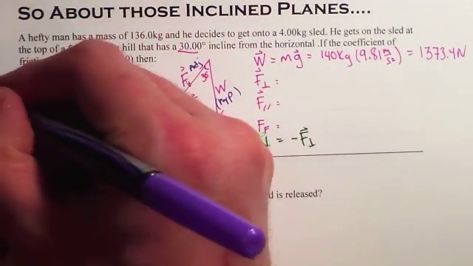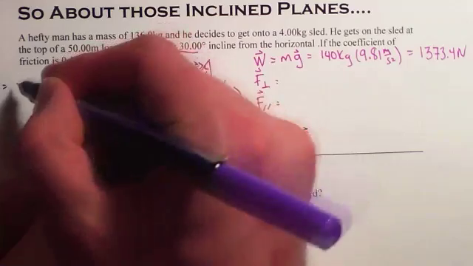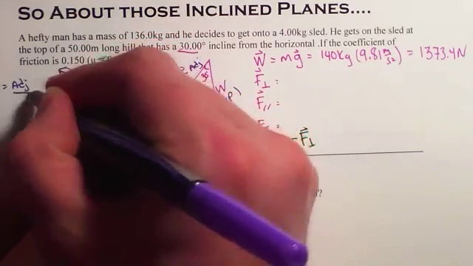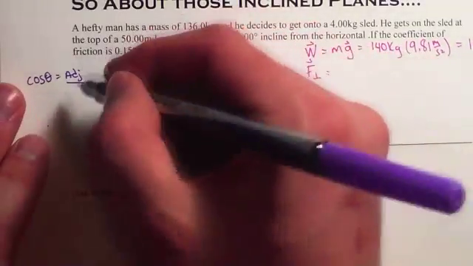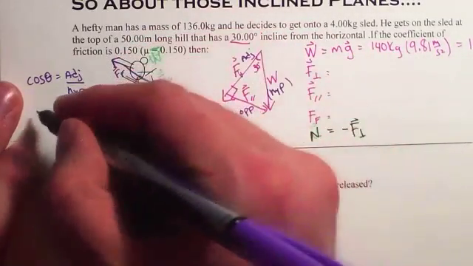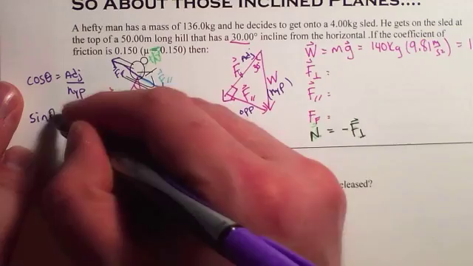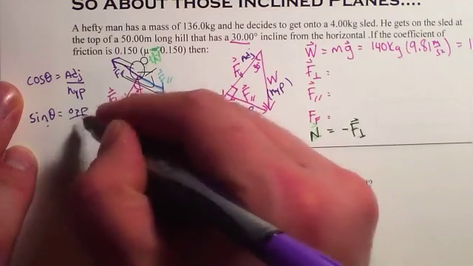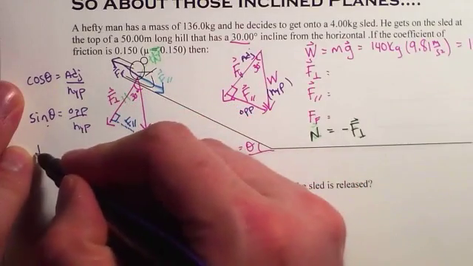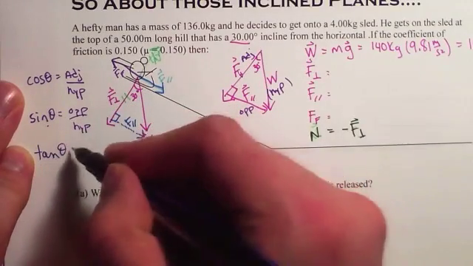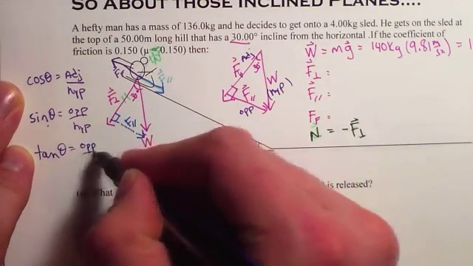For example, cosine of the angle is equal to the adjacent side divided by the hypotenuse. The sine of the angle is equal to the opposite side divided by the hypotenuse. And of course, sometimes useful is tangent.